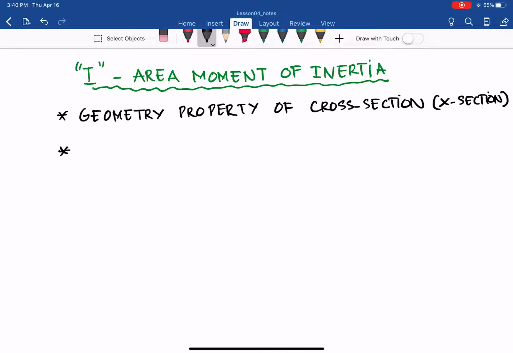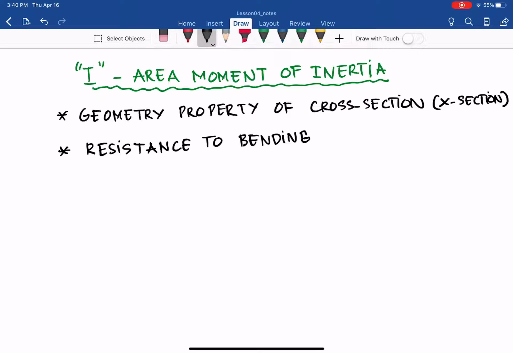If you recall, the mass moment of inertia is resistance to angular acceleration. How about area moment of inertia? It is also a resistance, but not to angular acceleration. It is resistance to bending.